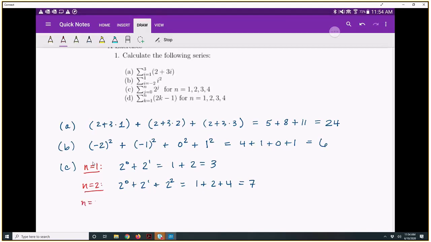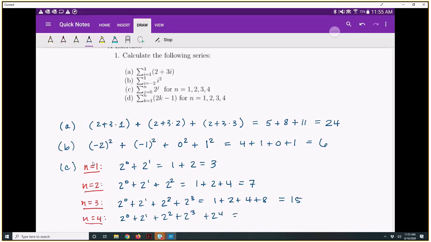If my terminal index is 3, then I'll have 2 to the 0 plus 2 to the first power plus 2 squared plus 2 cubed, which is 1 plus 2 plus 4 plus 8, and that's 15. And if my terminal index is 4, then I have 2 to the 0 plus 2 to the 1 plus 2 squared plus 2 cubed plus 2 to the power 4, which is 1 plus 2 plus 4 plus 8 plus 16, and that's 31.